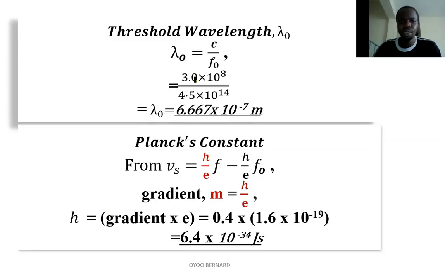I think that one you can do, just substitute the values, where c is the speed of light, and you already have the threshold frequency. Then that gives you Planck's constant. Looking at this equation once again, it's clear that the gradient will just be h over e, as I explained earlier.